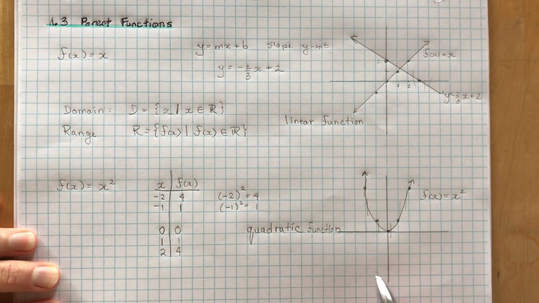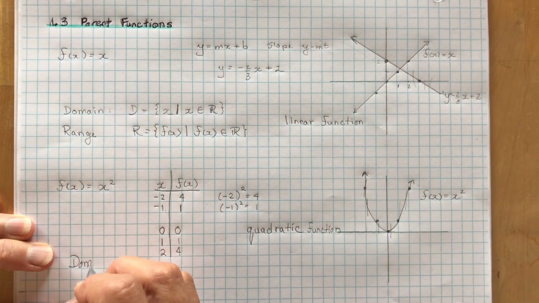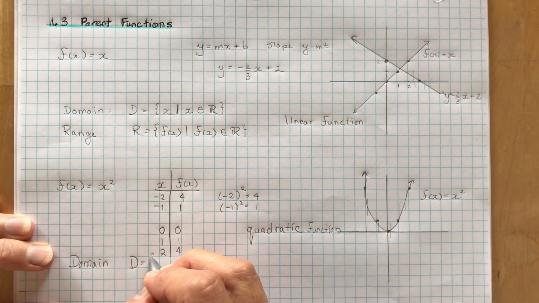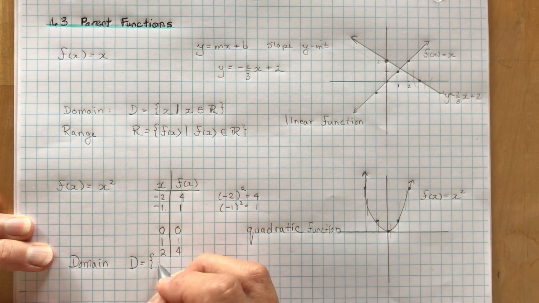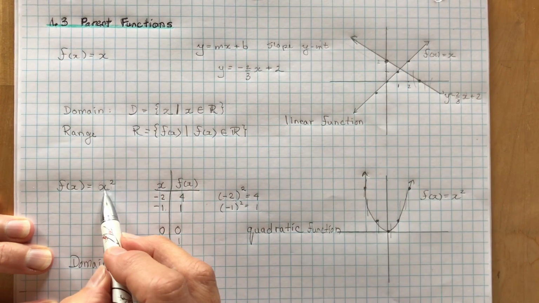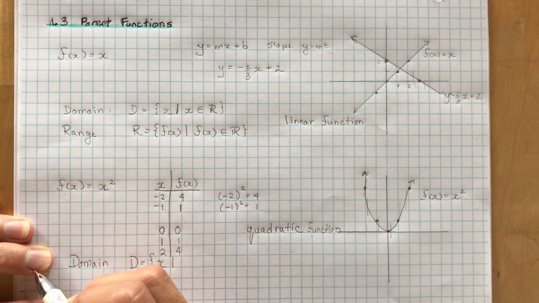So now we're going to talk about the domain and range of this function. The domain is going to be D, again, curly bracket, the set of all x's such that, so now let's go back. If I look here, what value can I put in for x and get an answer for f at that value?